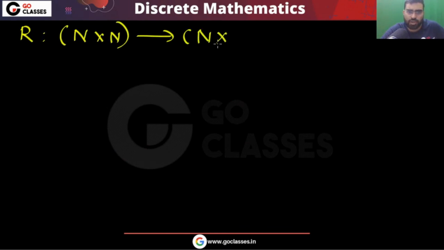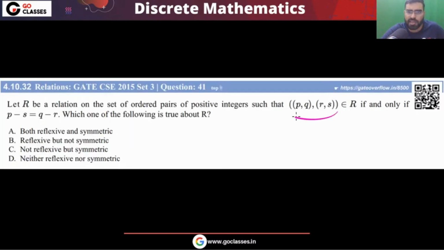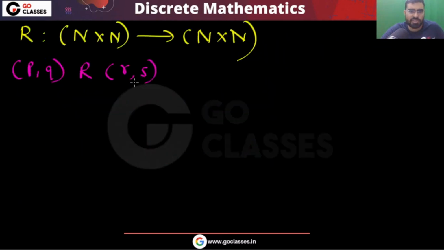A relation you are defining from N cross N to N cross N, and if you have some element p comma q, this is related to r comma s if and only if p minus s is equal to q minus r.